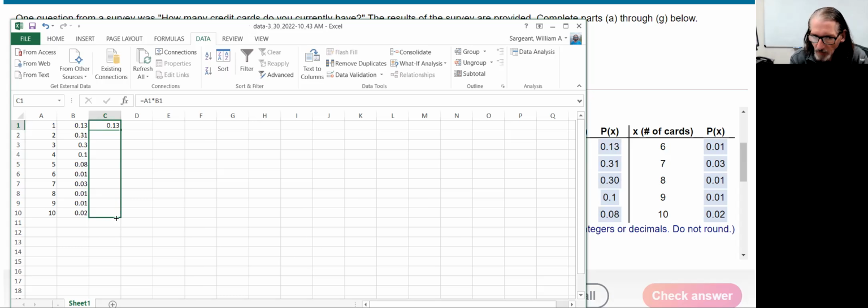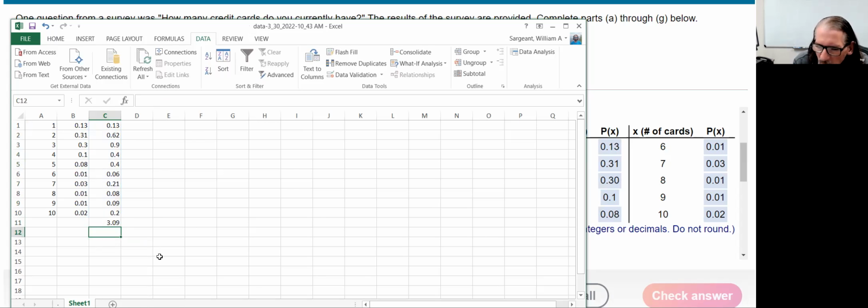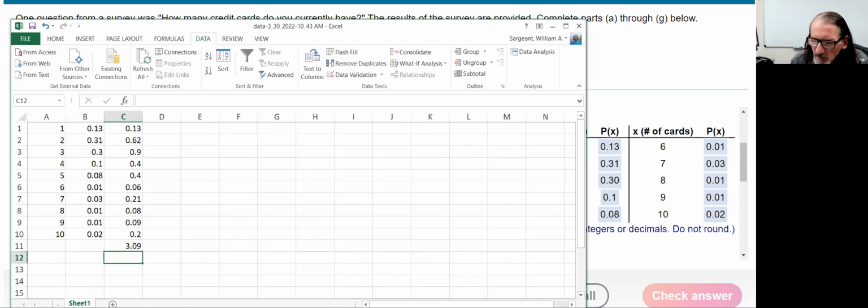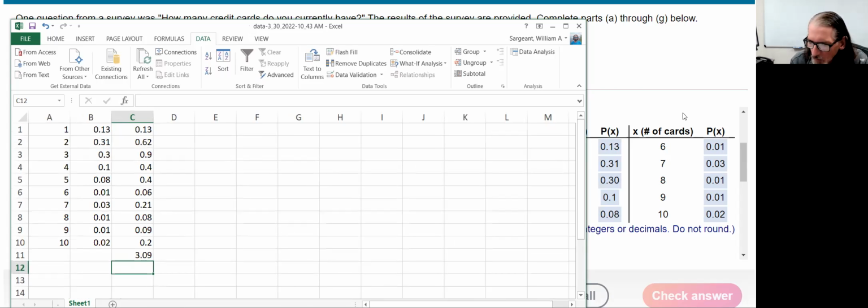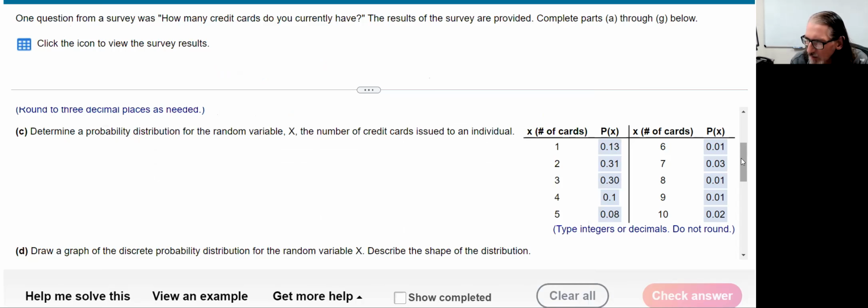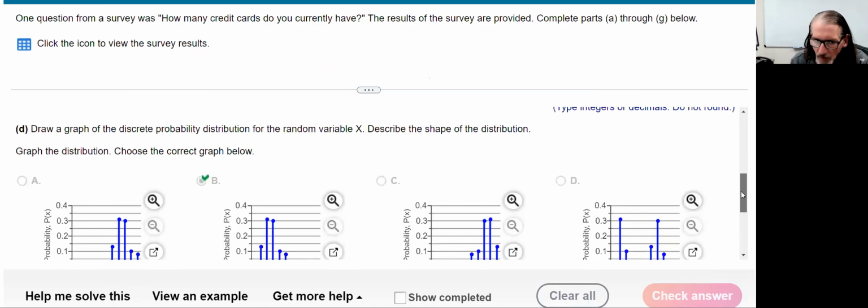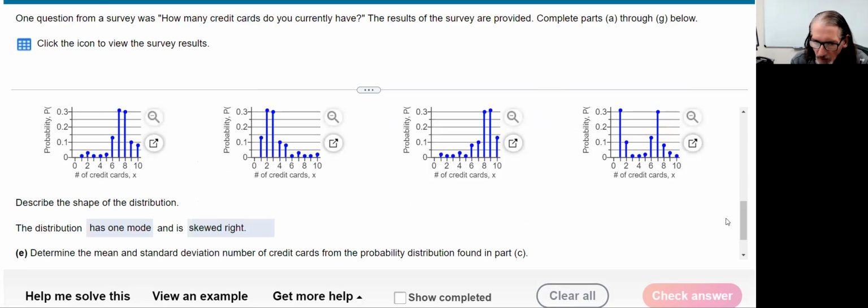Drag it down to get this for all the rows, and then get the sum of all the rows in that column. Getting 3.09. That matches up with what we computed from the raw data.